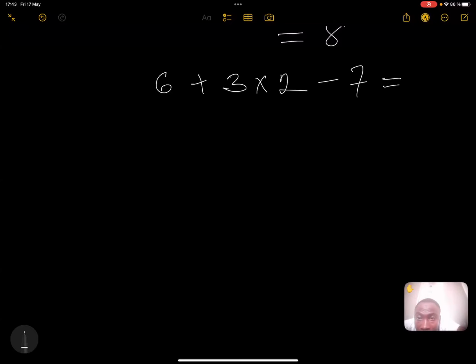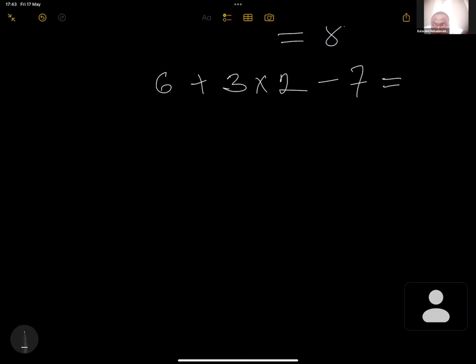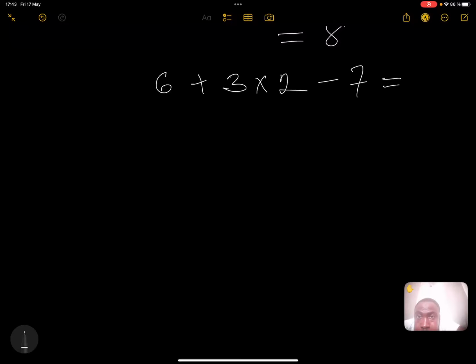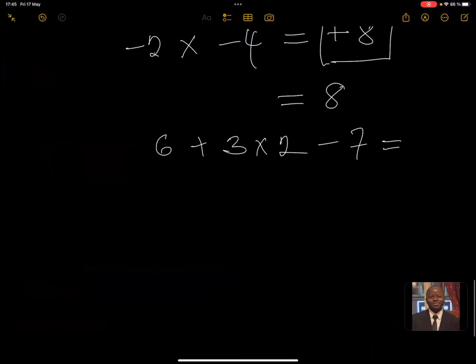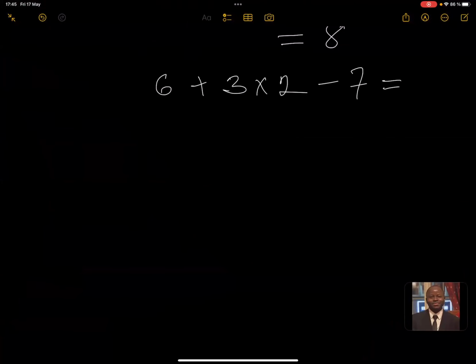How will you know what to do first? This is what we talk about order of operation. This aspect is very important. So decide on which of these operations should you perform.